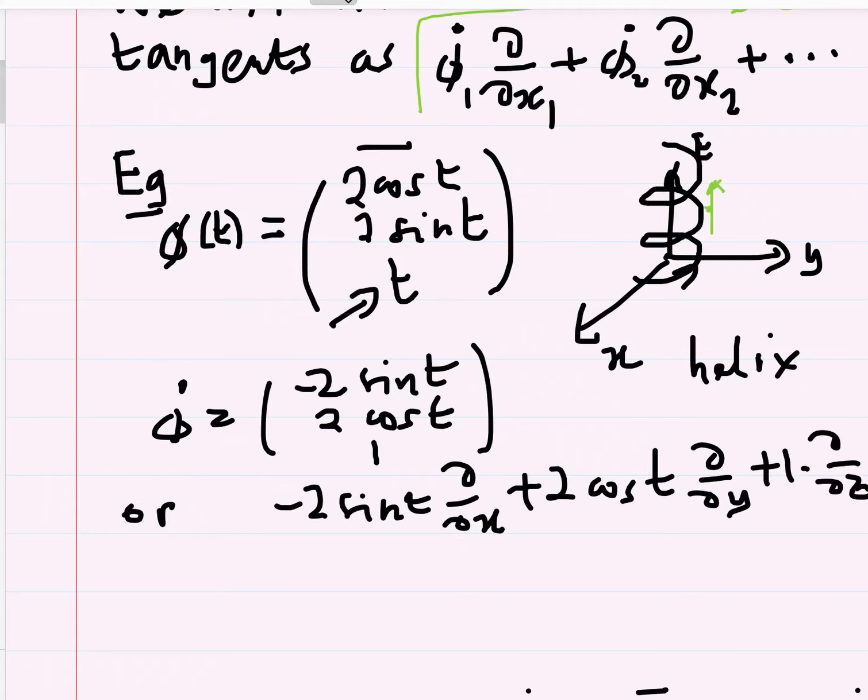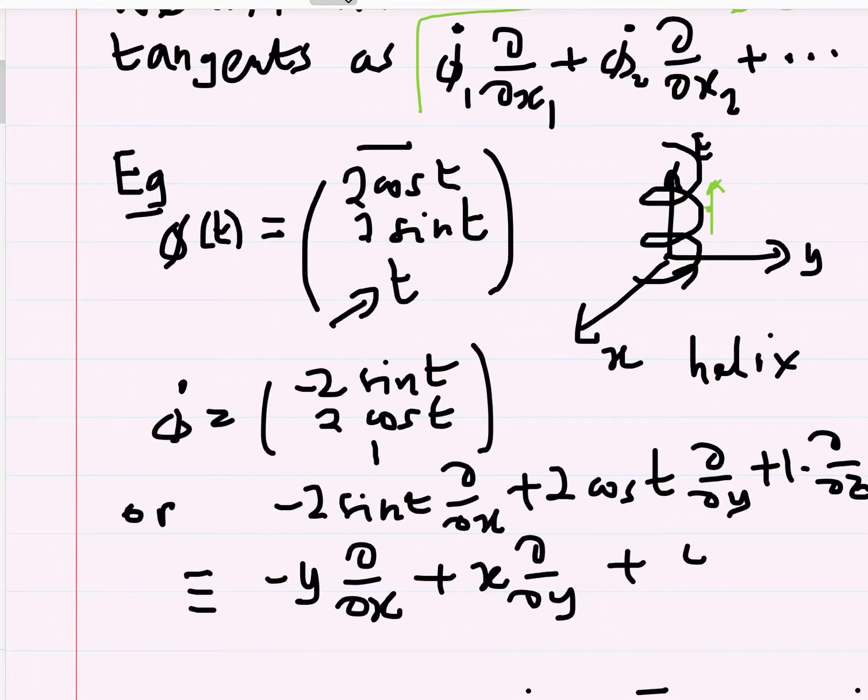So x1 is x, x2 is y, x3 is z. But in this case, we could actually rewrite this in terms of x, y, and z, because you notice x is 2 cos t, y is 2 sine t. So this is minus y d by dx plus x d by dy plus 1 d by dz.